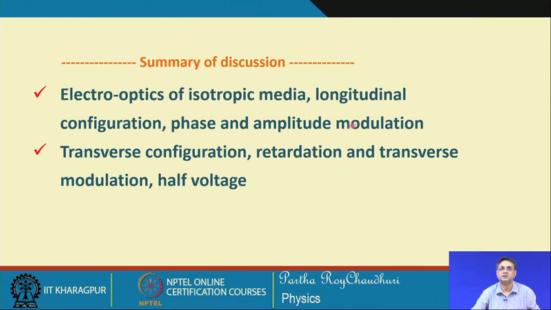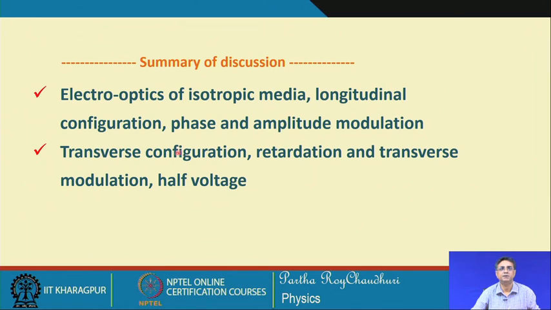In the present discussion, we worked out the requirements for the configuration in terms of the input polarization, output polarization, the analyzers, and the magnitude of the half voltage required for switching the modulator.